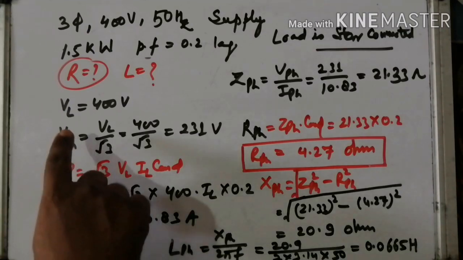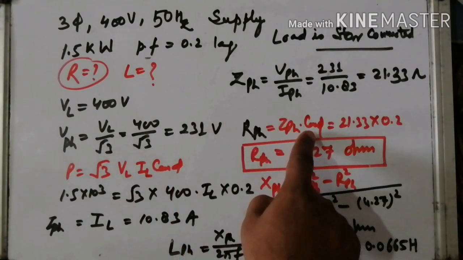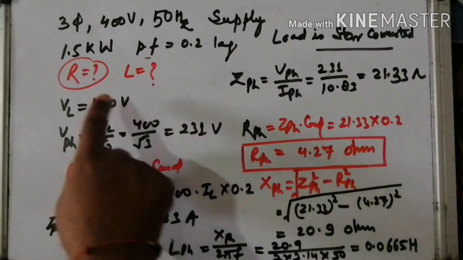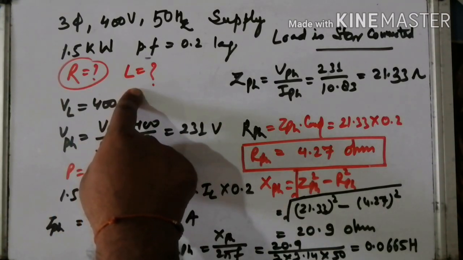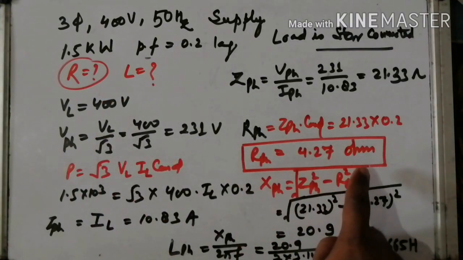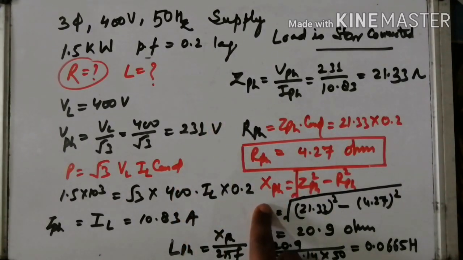After that, with VPH and IPH, we can calculate ZPH, and the cos component of the ZPH is nothing but R, and according to the question, calculate resistance and inductance of each coil. That's why this is the value of R. With the help of RPH and ZPH, we can calculate XPH, and with the formula L equal to XPH divided by 2 pi f, we can calculate L, that is 0.0665 Henry.